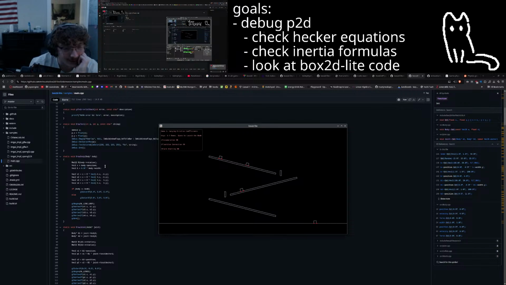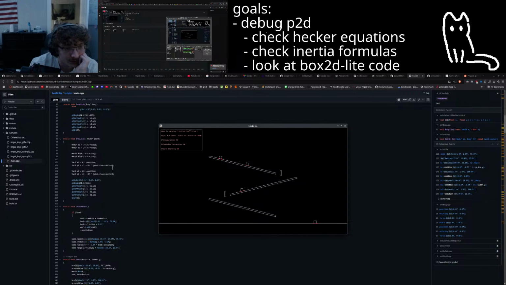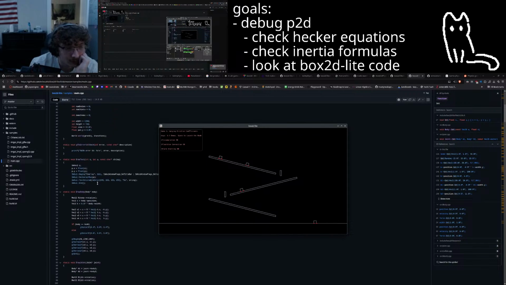I don't understand. Maybe there is a unit conversion, but the body position is used straight up.